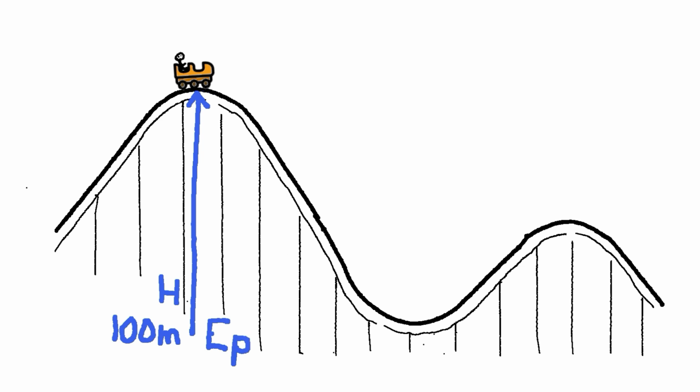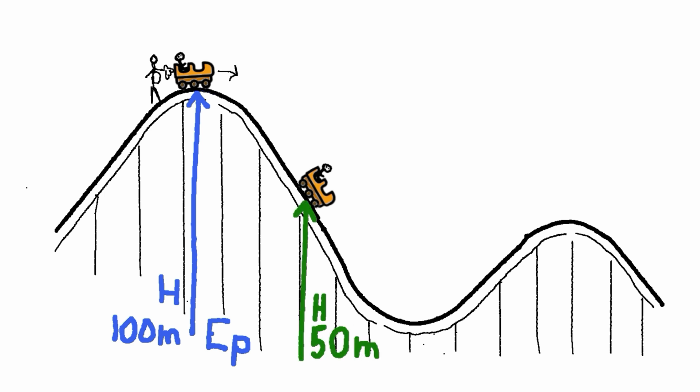Okay, at this point I arrive, and with my finger I just push a little bit, tick, and push a little bit your cart, and now your cart starts moving, and of course it starts accelerating. As we are halfway through the descent, your cart will be obviously half of the altitude, so we can call it 50 meters, but at the same time it will have a speed, and just to make it simple we'll call the speed 50 kilometers per hour.